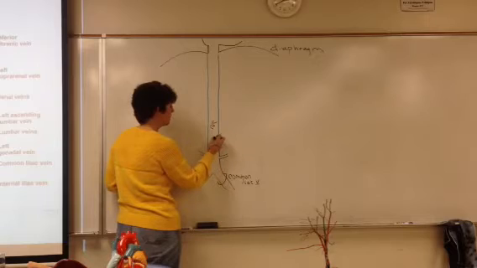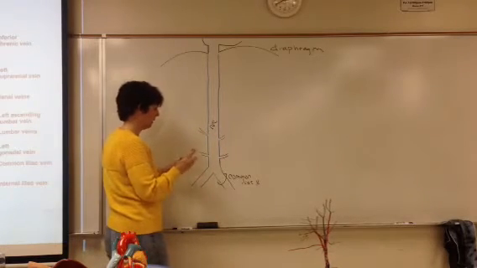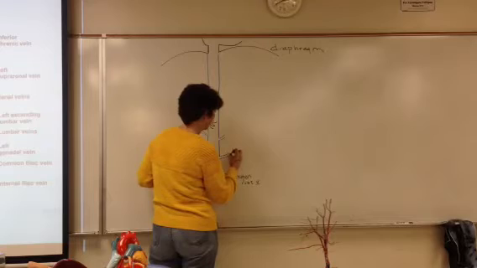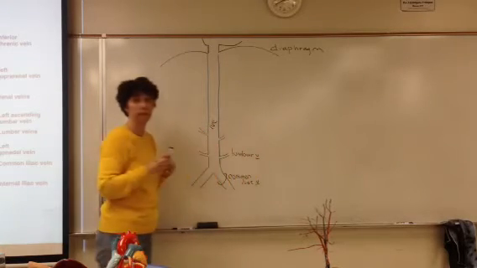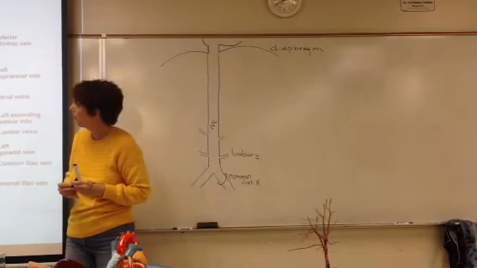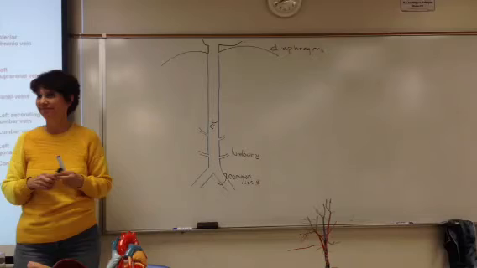So lumbar veins will go both into the inferior vena cava as well as into that vein that was going to become azygous or hemiazygous. It receives one of the gonadal veins.